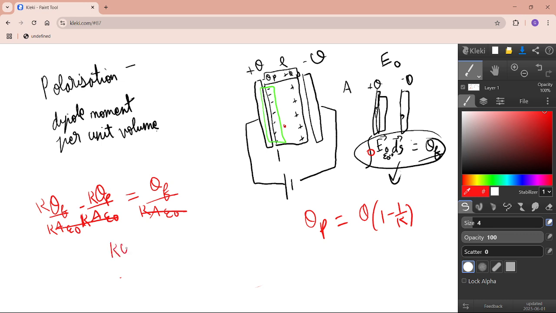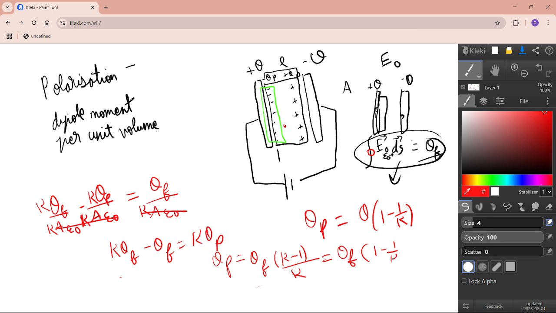And so K QF minus QF is equal to K QP. QP is equal to, take QF common, (K minus 1) divided by K, which after simplification becomes 1 minus 1 by K. That's how it is derived.